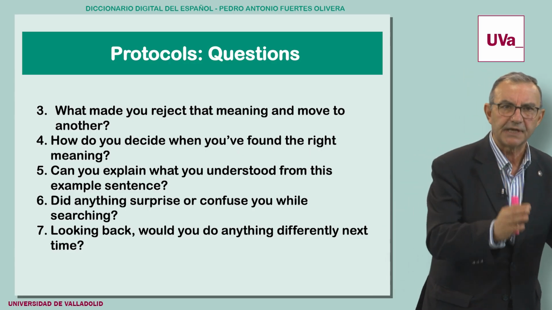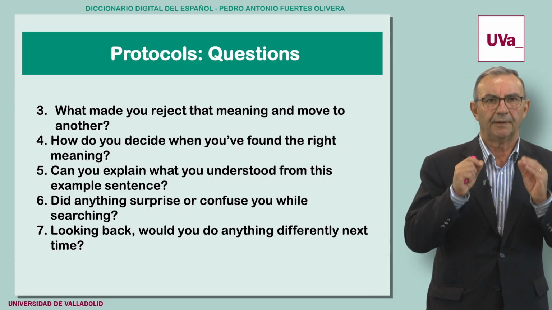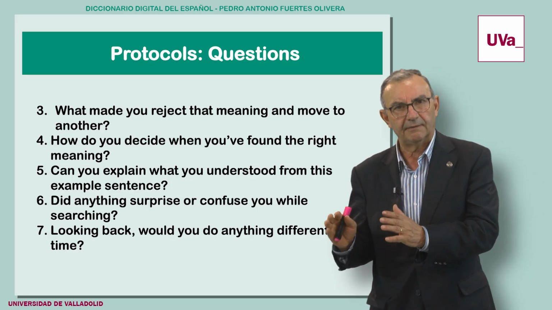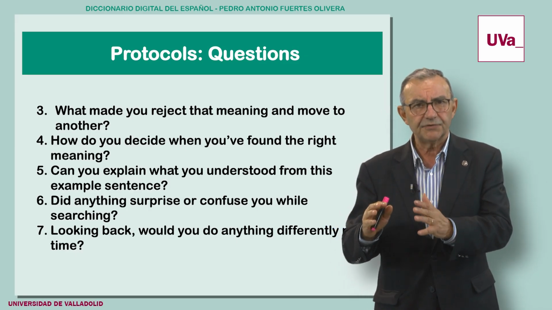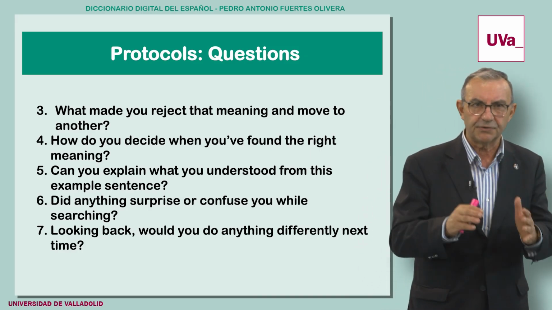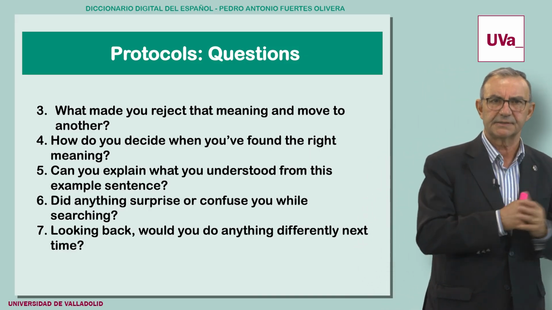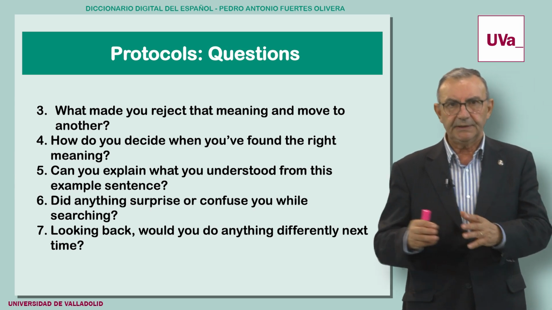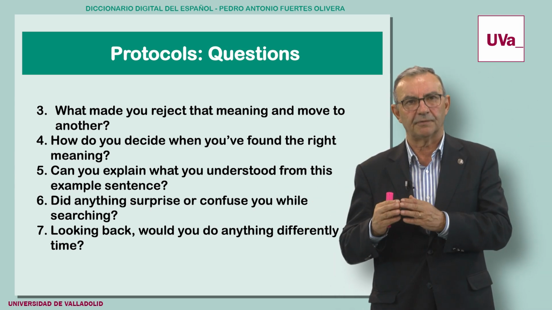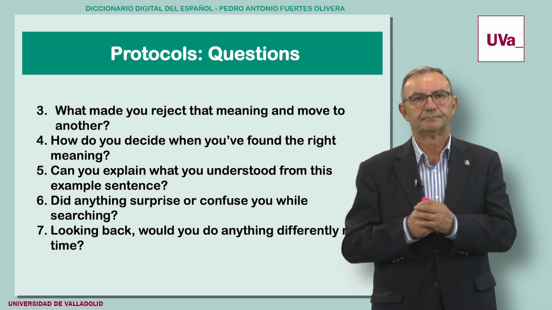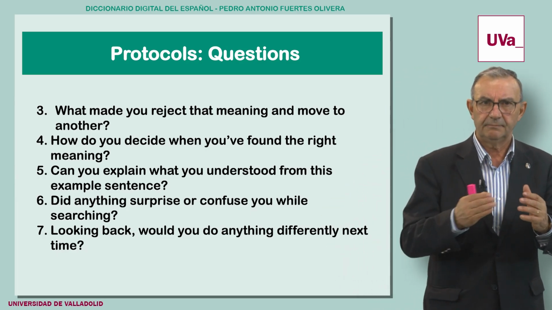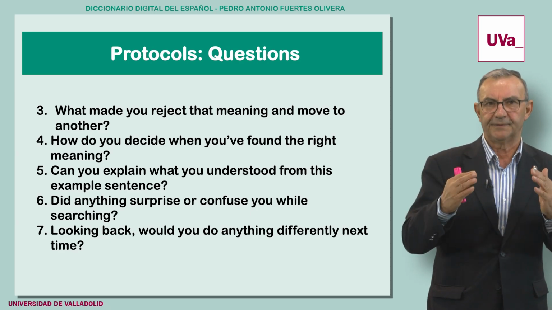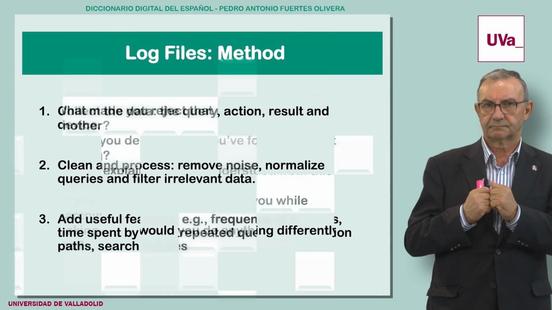How do you decide when you have found the right meaning? 5. Can you explain what you understood from this sample sentence? 6. Did anything surprise or confuse you while searching? 7. Looking back, would you do anything differently next time?